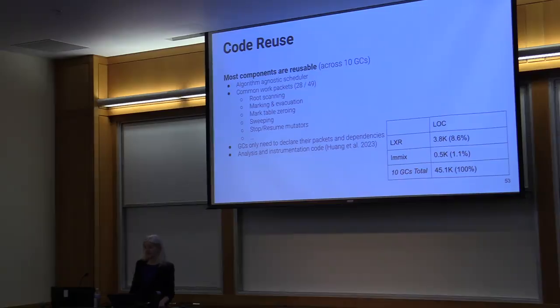The LXR-specific parts of the design are 3.8K lines of code, because it's the most unique one. And then IMIX is 0.5K lines of unique code. We found that really astonishing when we measured it.